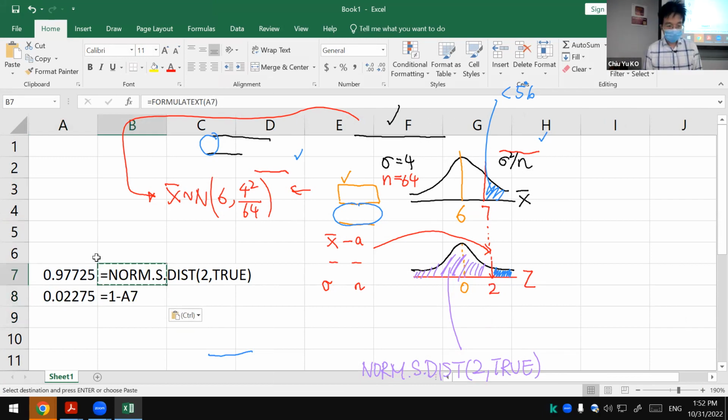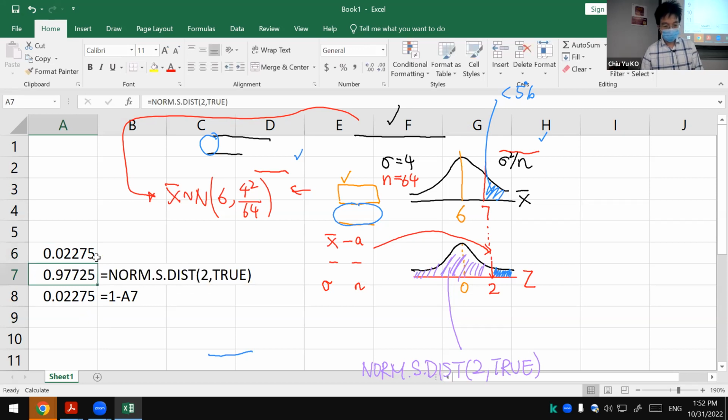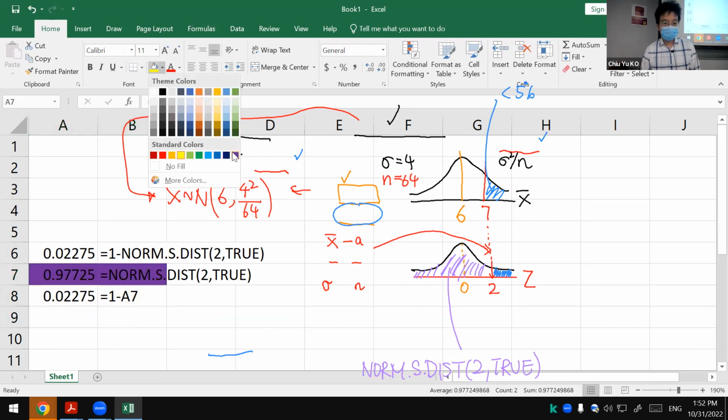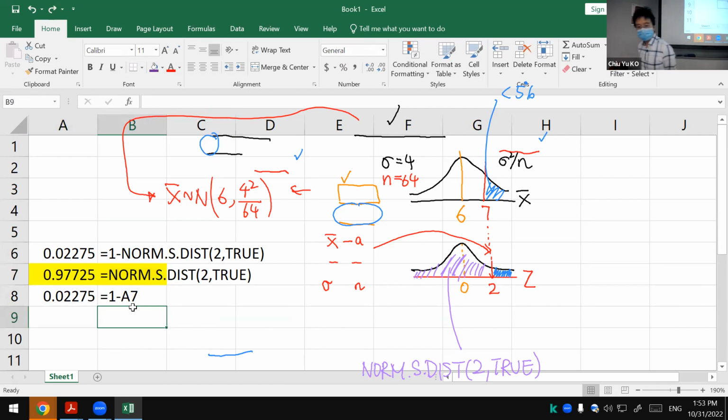Of course, if you're quick enough, you can do it in one step and that's it. Either you do the first way or the second way. This is the purple color. It's clear what we're doing. Is that okay? How we get this p-value?